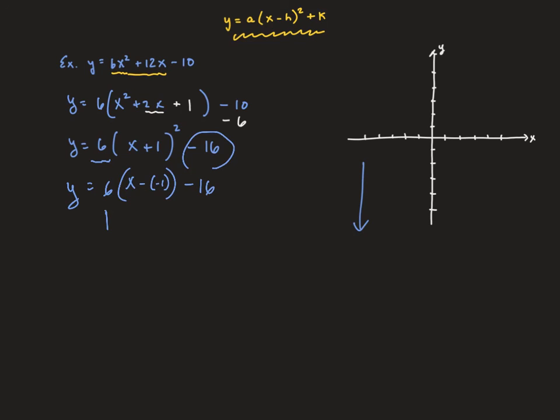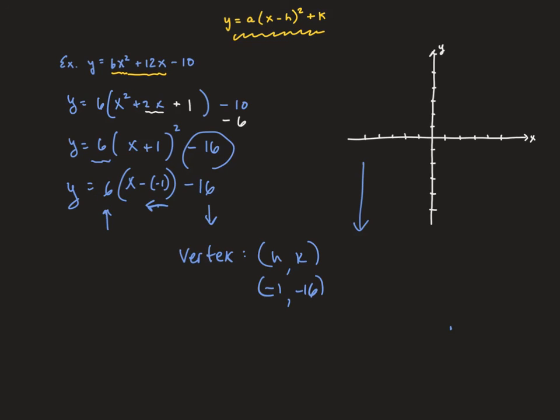So I am stretching by a factor of 6, moving it left 1 unit, and moving it down 16 units. And my vertex, which we really didn't talk about, is going to be (h, k), which in this case is negative 1, negative 16. So way down here, and then it's going to do something like that. But anyway, perfection's not necessary in this case.